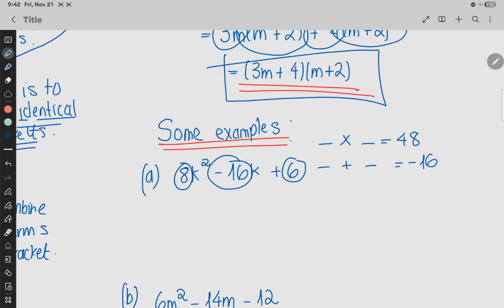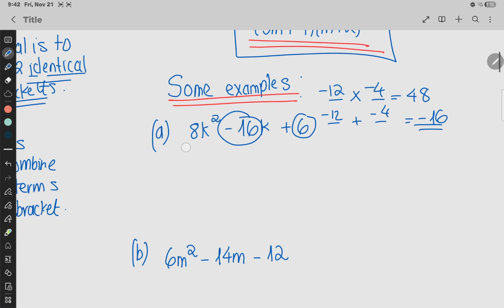The two terms can be negative 12 and negative 4, because negative 12 times negative 4 is 48, and negative 12 plus negative 4 is negative 16.